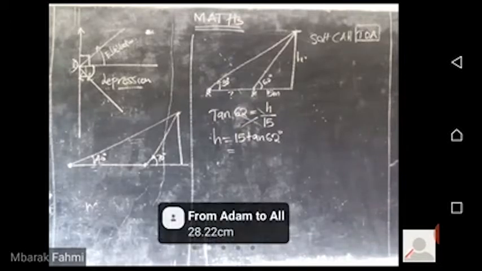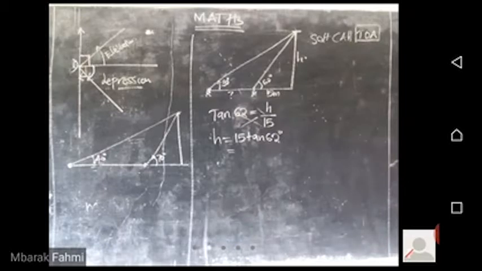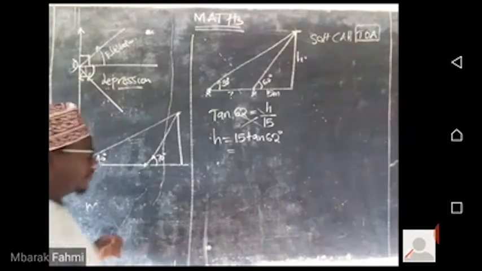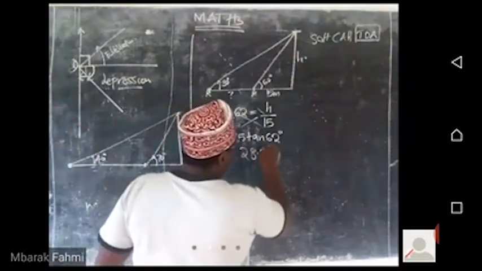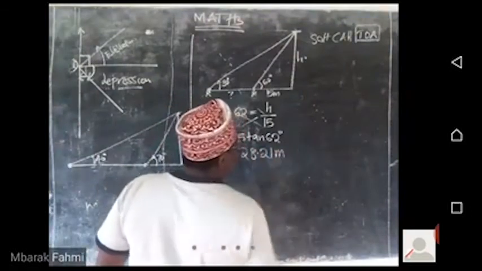Okay. So, the height is going to be 15 tan 62 degrees. That is going to be 28.21 meters.